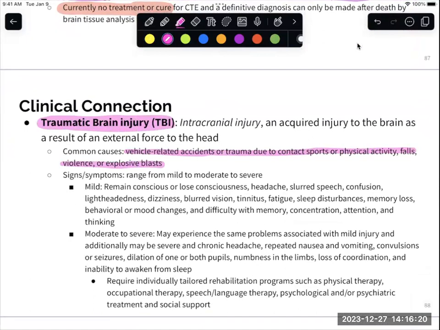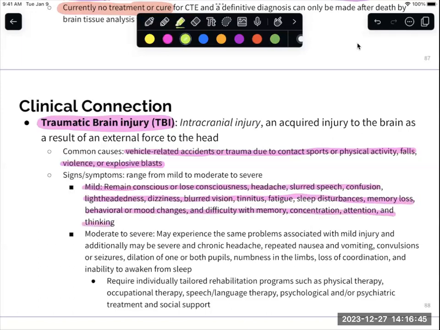People can have symptoms that range from mild to moderate to more severe. So with mild, they may lose consciousness, headache, slurred speech, confusion, lightheadedness, dizziness, blurred vision, tinnitus, fatigue, sleep disturbances, memory loss, behavioral or mood changes, difficulty with memory, concentration, attention, and thinking.